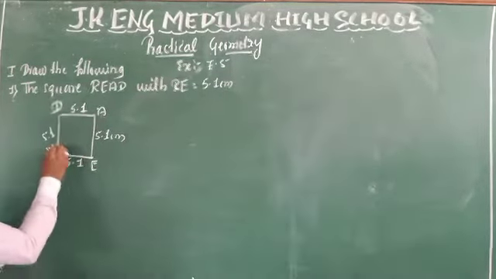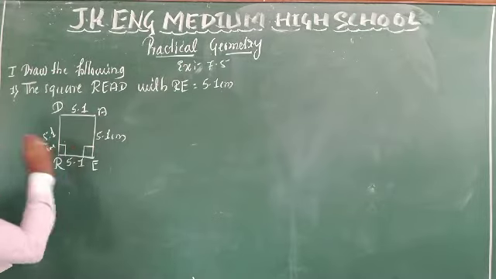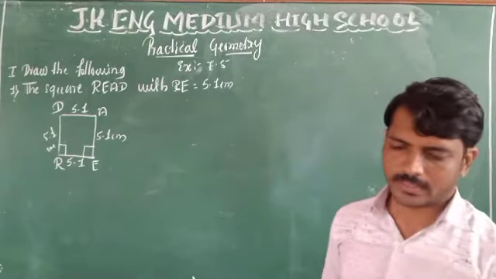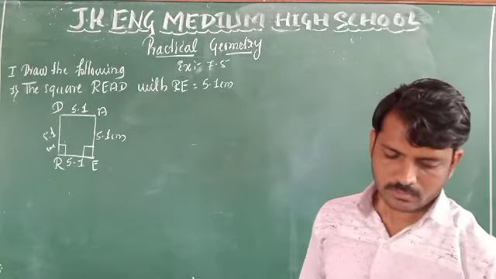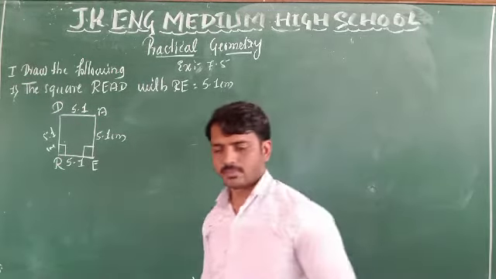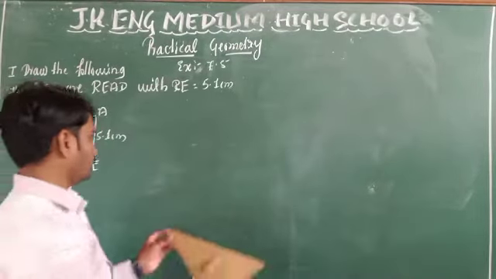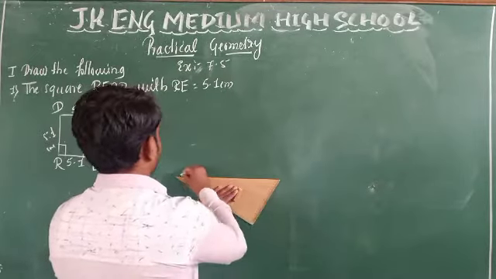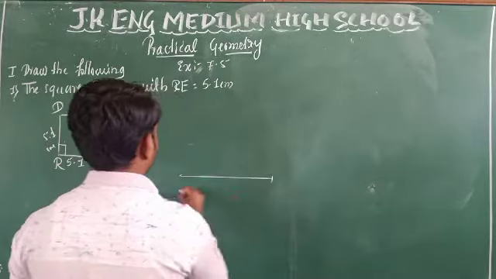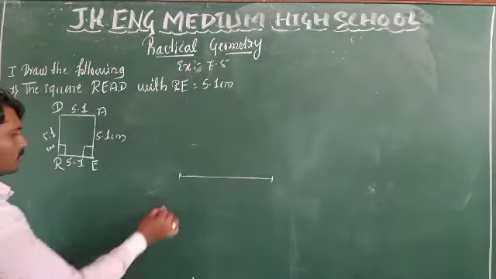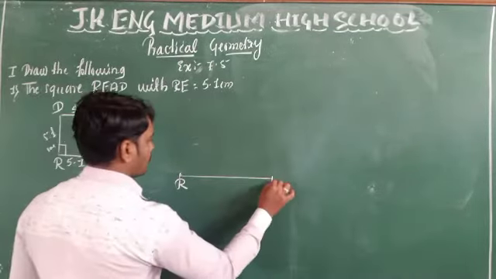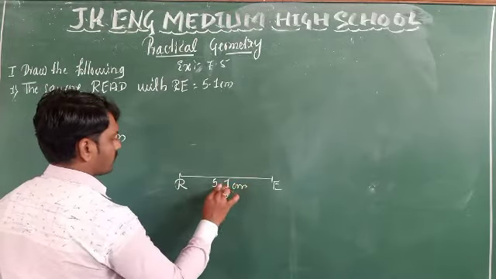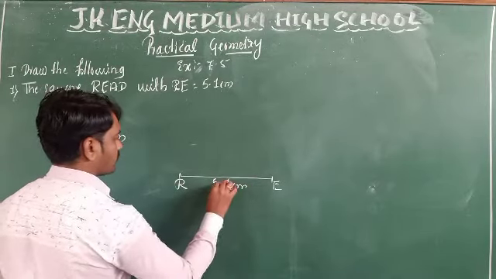So what do we know about the angles? 90 degree. This side also 90 degree. So let us construct the diagram with exact measurements. First, take a scale. Draw a line RE equal to 5.1 centimeter.